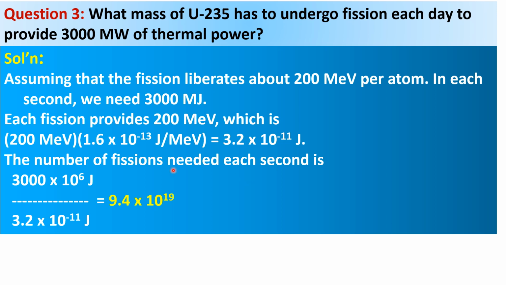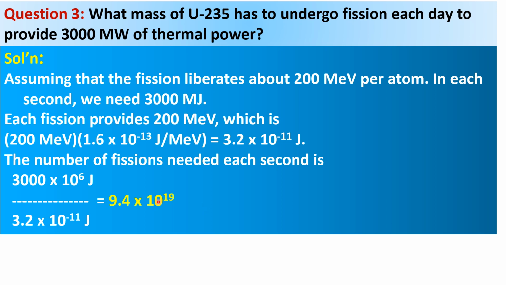So we simply divide 3000 times 10 to the 6 joules, that is the equivalent of 3000 megawatts of power, when converted to megajoules, that's 3000 times 10 to the 6 joules, divided by this amount of energy per fission reaction, 3.2 times 10 to the negative 11 joules. So we will get this number of fissions in each second.